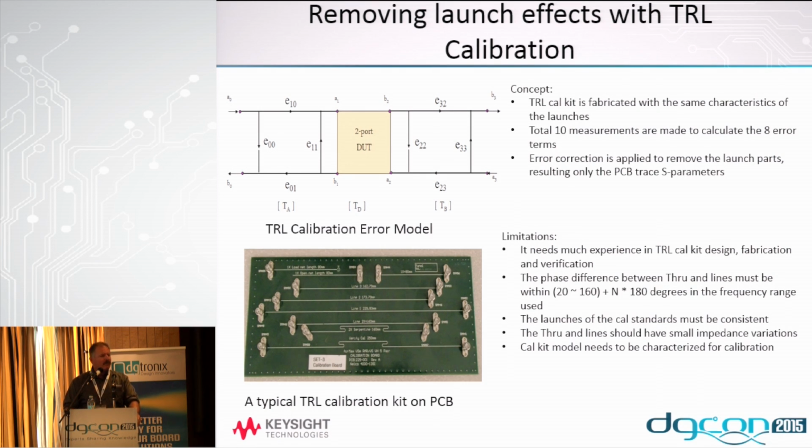And FR4, how many people know what FR stands for? Fire resistant. So they didn't really design this stuff to perform at high bandwidth, but they just wanted it not to burn up or smoke. So this is part of our challenge, though, because we need to keep costs low.